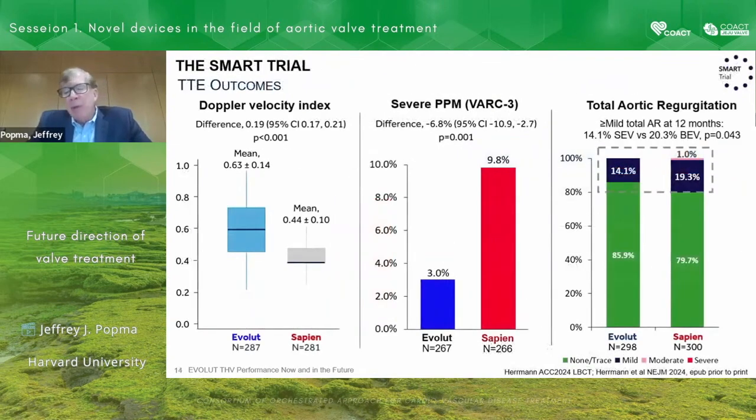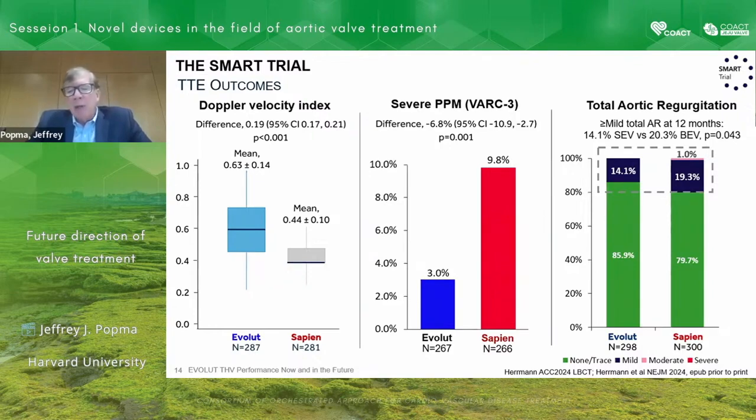We looked at all the components in a lot of different ways, and we found that the very important flow-independent measure of Doppler velocity index showed a higher DVI, 0.63, with Evolut compared to 0.44 with SAPIEN. Severe PPM, 10% with SAPIEN, 3% with Evolut.